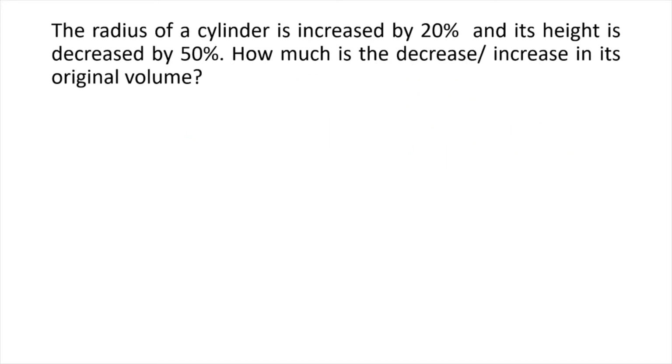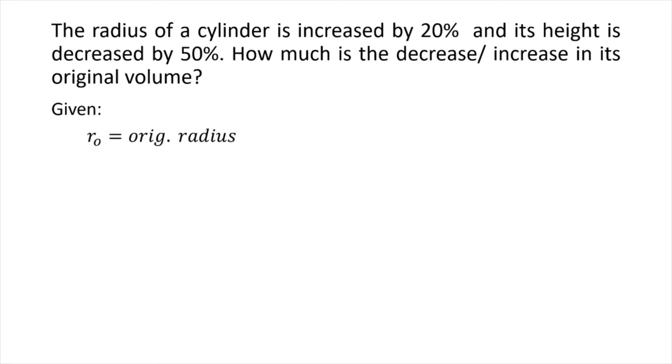Next, the radius of a cylinder is increased by 20% and its height is decreased by 50%. How much is the decrease or increase in its original volume? Let's define the dimensions. Let's start with the original cylinder.